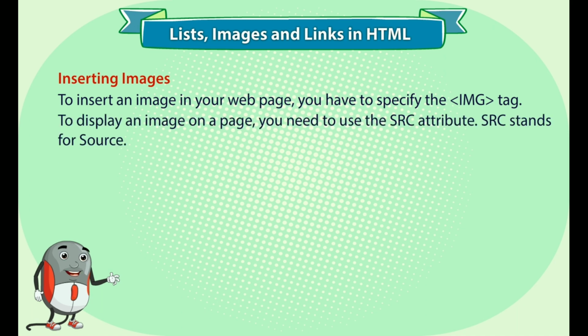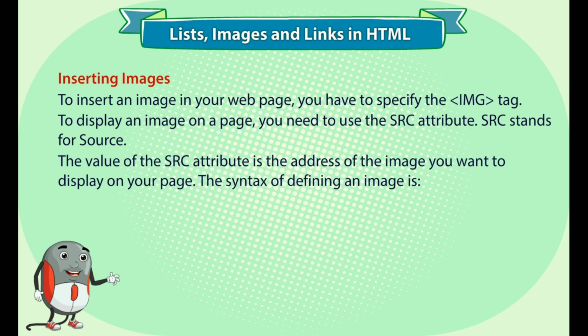To display an image on a page, you need to use the src attribute. src stands for source. The value of the src attribute is the address of the image you want to display on your page. The syntax of defining an image is img src equals to address.